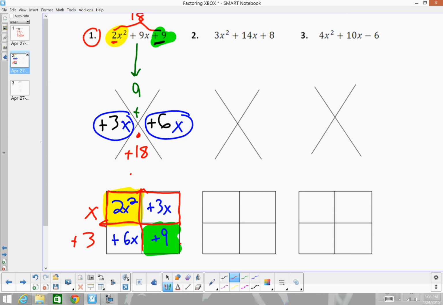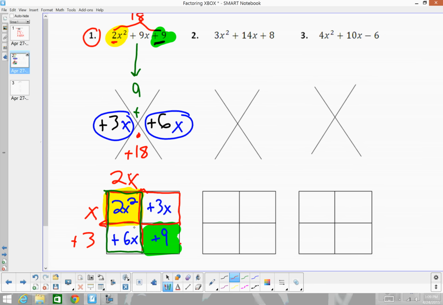That's not a straight line, but we'll get it. Now I want to concentrate on, let me change the color to green, these two boxes here. Right here I have 2x squared and 6x. What can I divide both 2 and 6 by? Divide both by 2, right? Now I have x squared and x. They both share an x.